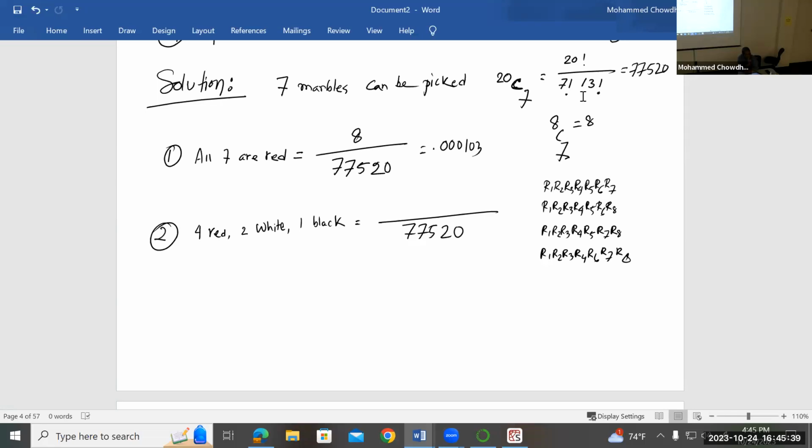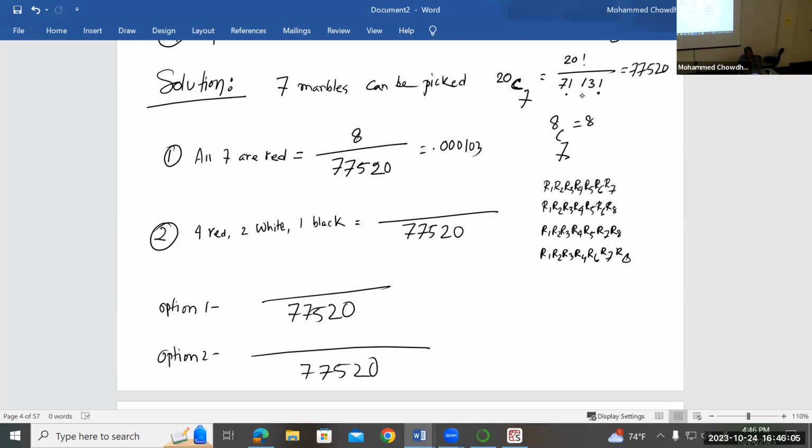Four are red, right? How many red were in there? 8 red, right? So option 1. I want your opinion, option 1 and option 2. Option 2: the denominator is as it is.